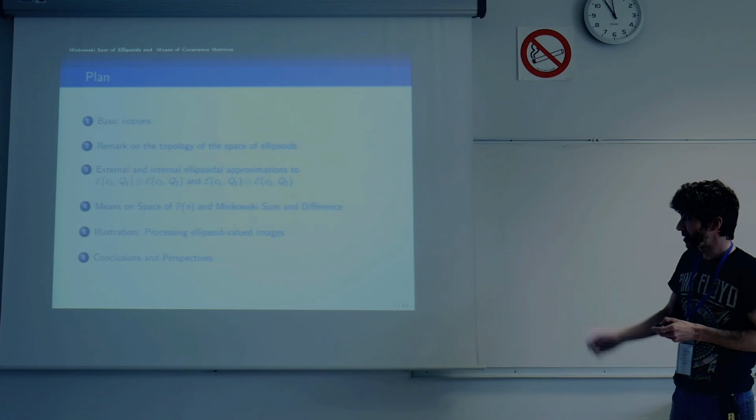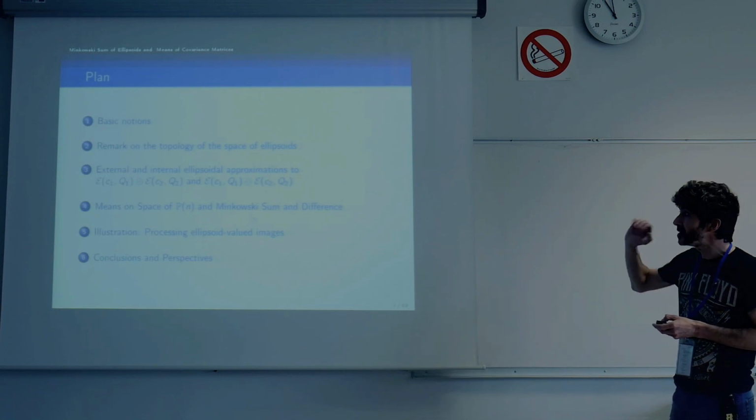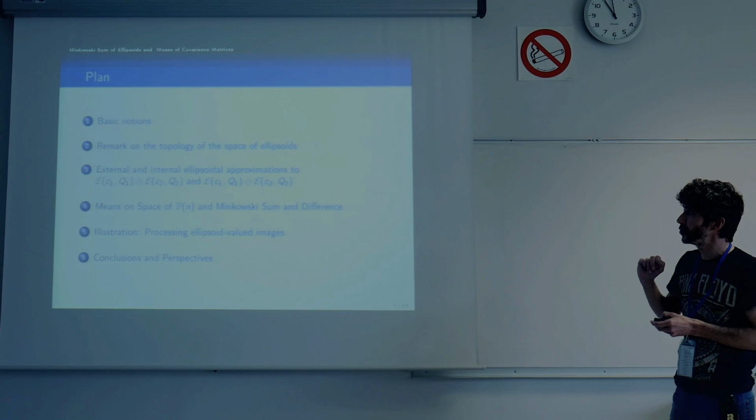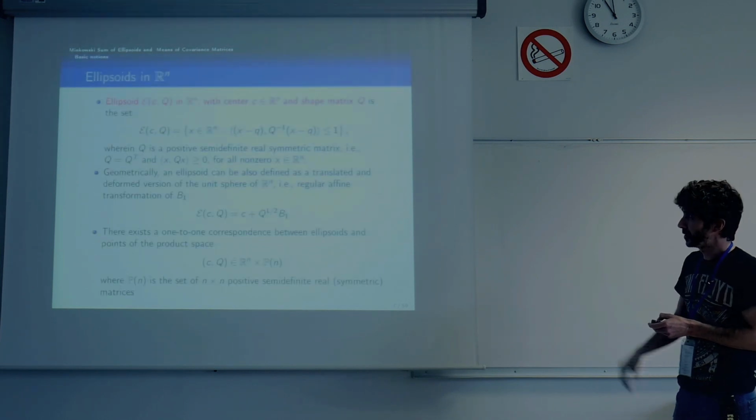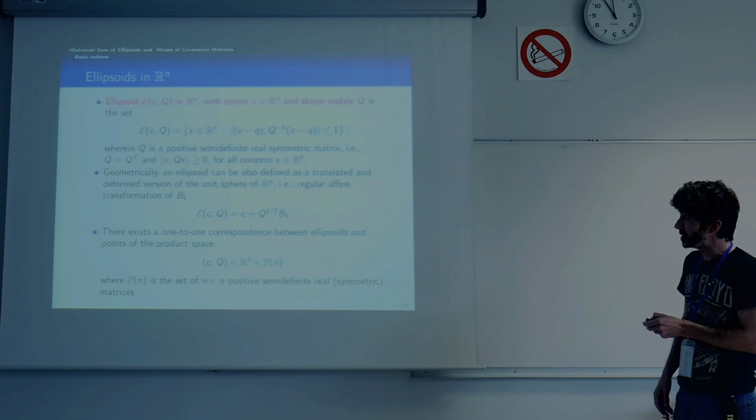So let me start. Now I want to remind you very briefly of a few basic notions we need. Probably most of you are familiar with them, but at least to fix what I mean behind all these notions. The first of them is just the notation, how I will denote an ellipsoid, which will be by this capital epsilon.